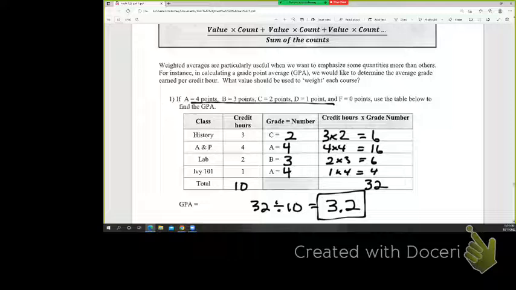It's like the minus and the plus get different points. But for our purposes, when we look at finding GPA, we'll just be dealing with the 4, 3, 2, 1. And then it matters how many credit hours. So getting an A in your IB 101 doesn't matter nearly as much as that A in the A and P.